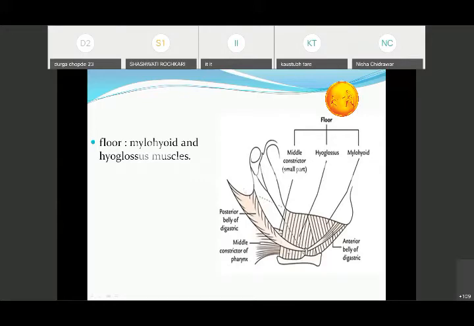This is posterior belly of digastric. This is hyoid bone, and here you see the two muscles which are present in the floor of the digastric triangle, that is mylohyoid anteriorly and hyoglossus posteriorly. Most posteriorly, you'll see a small part of the middle constrictor of the pharynx.